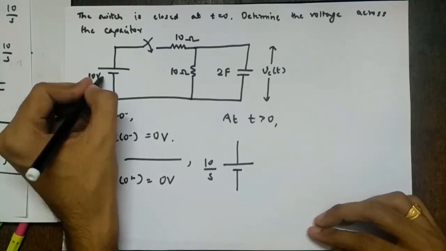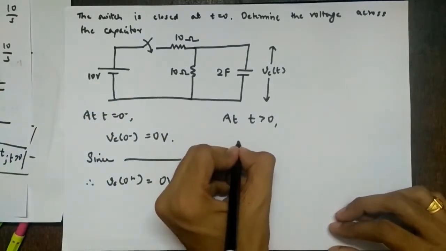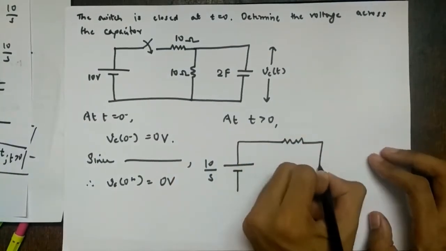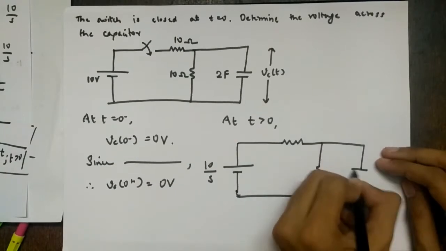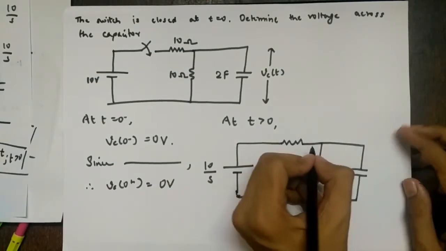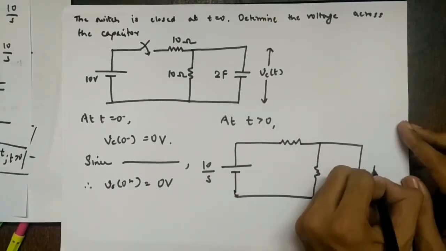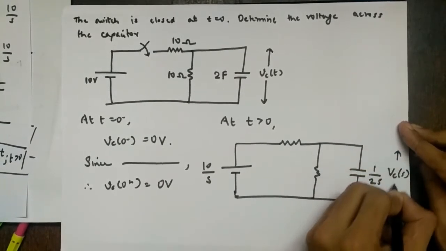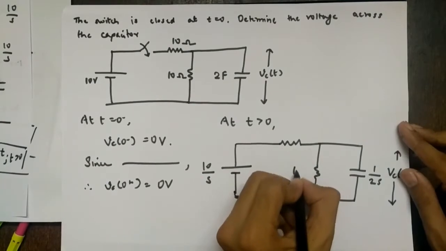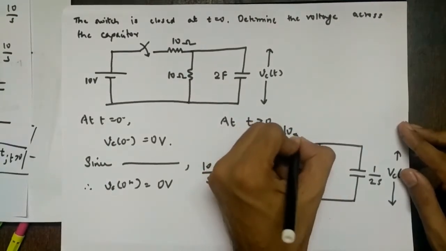So 10 into Laplace transform of 1 is 1 by s. So in that way you can remember. So this will be as it is. And since the voltage is 0, directly a capacitor and no voltage source in series. But the value will become 1 by 2s. And this is Vc of s. Right? So this is 10 ohms. This is 10 ohms.